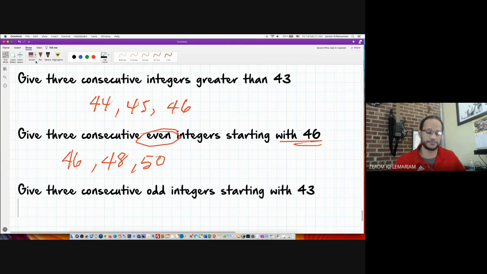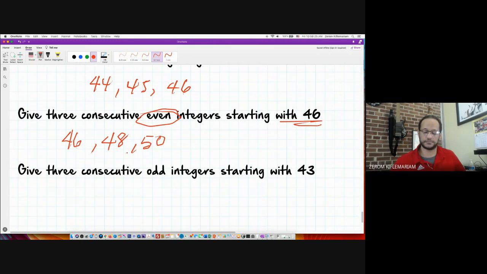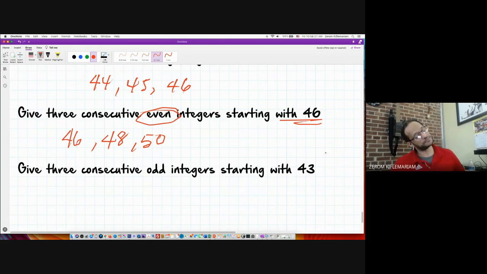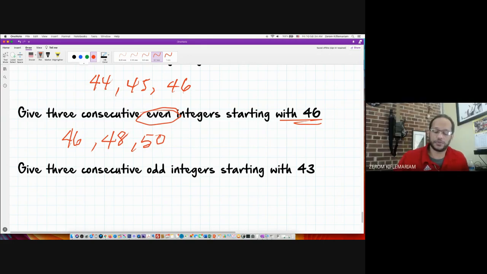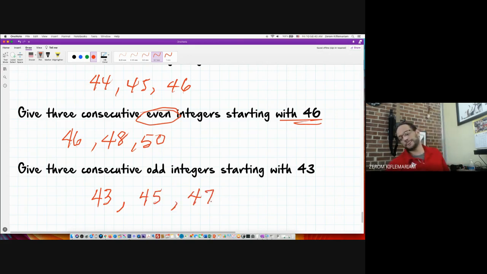It will be what? 43, 45, 47. Since it says starting with 43, the next odd number would be 45. The next one will be 47, right?